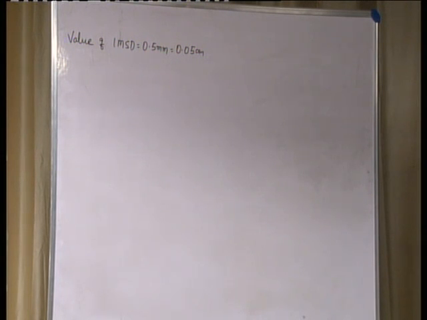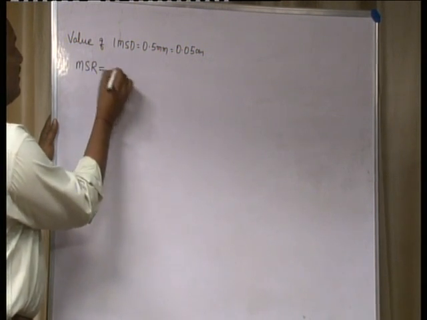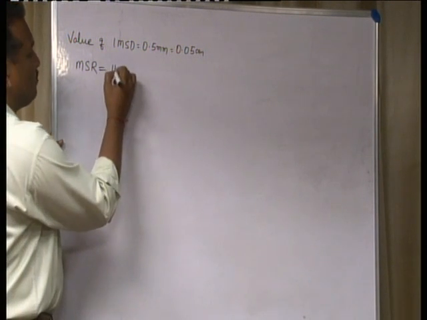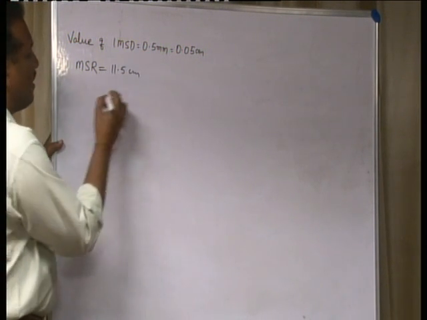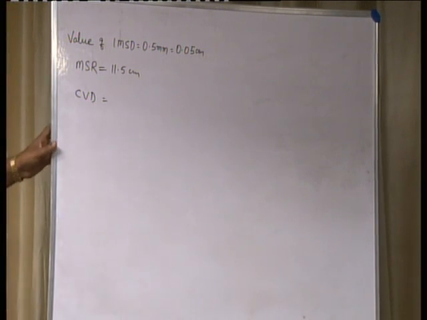On gripping a solid cylinder to find its length, the MSR and CVD are 11.5 centimeter and 8 divisions respectively. So, MSR here it is 11.5 centimeter and CVD is given 8 divisions.